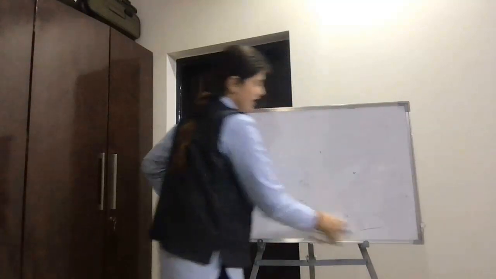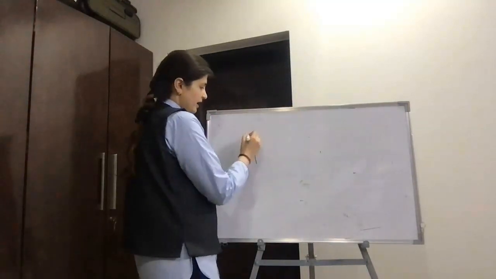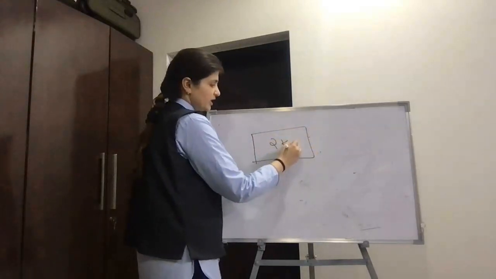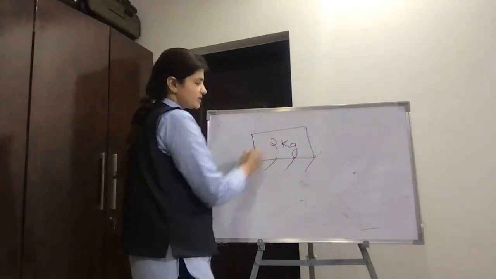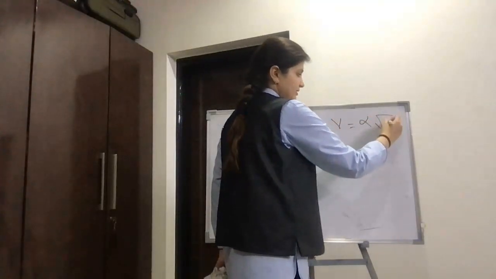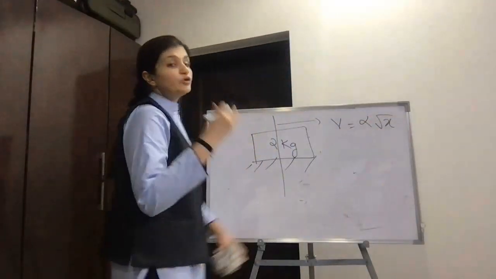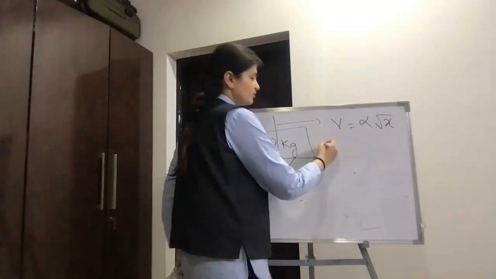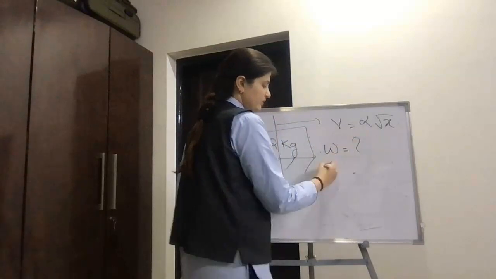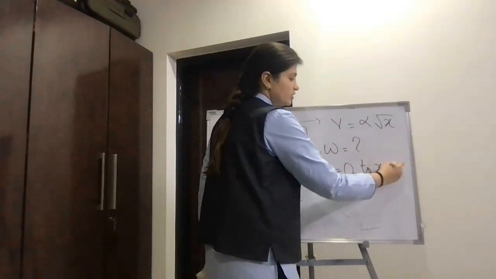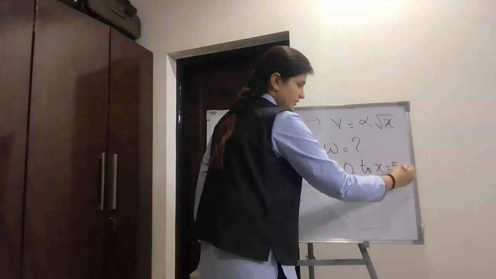Okay students, now let's consider an example for this. If we have an object of mass 2 kg whose velocity is equal to alpha root x, we have to calculate the total work done when the object goes from x equal to 0 to x equal to 5 meter.